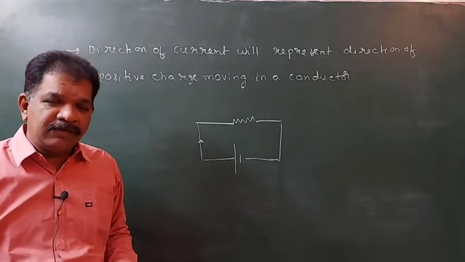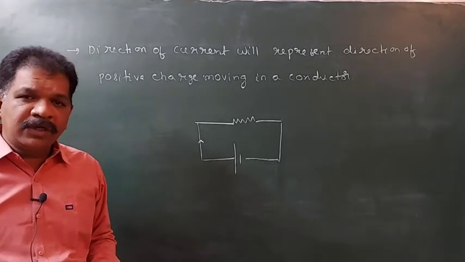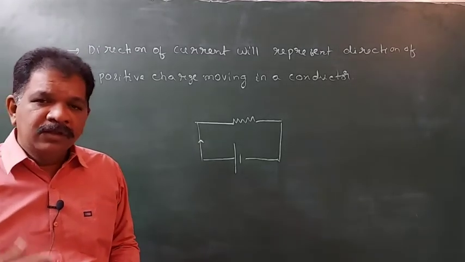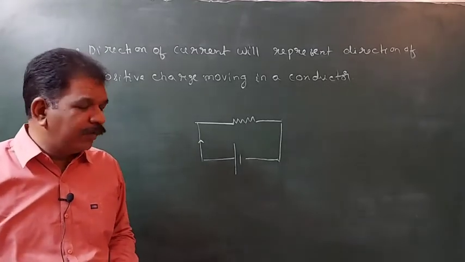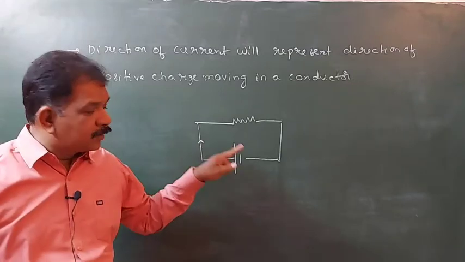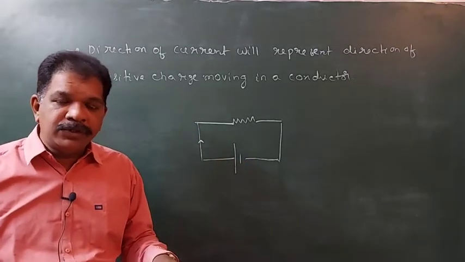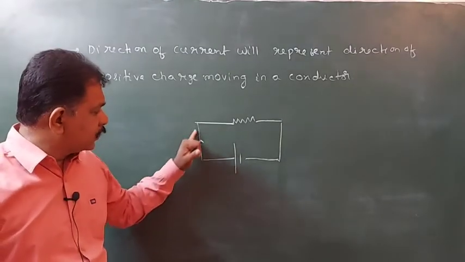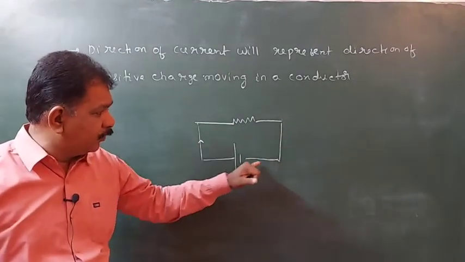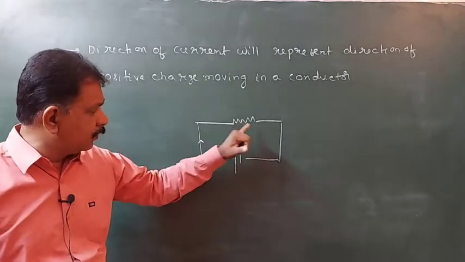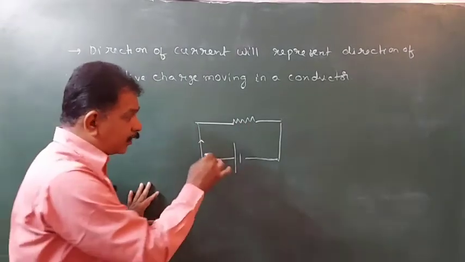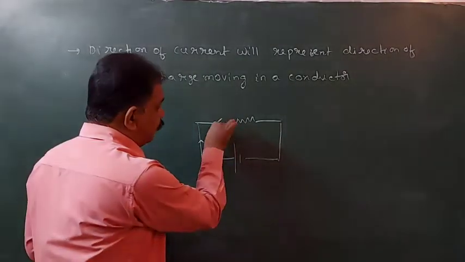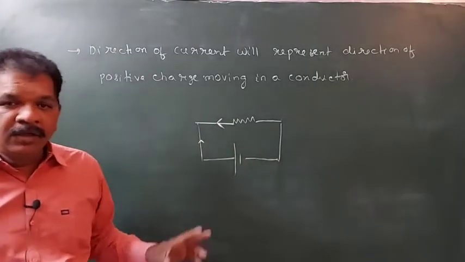Actually, later they found positive charge is not moving, only electrons are moving. Then electrons moving will be opposite to the direction of electric current. So in this circuit, current is flowing in this manner. Then electrons, how will they move? They will move in this direction.